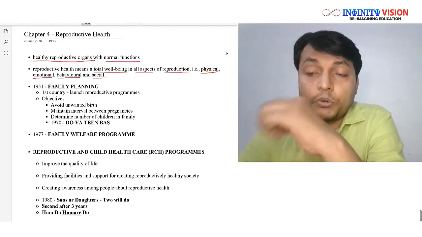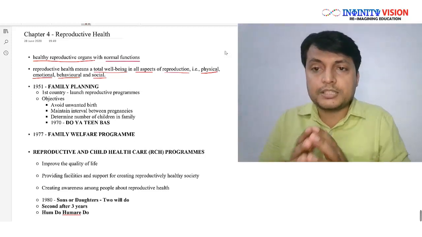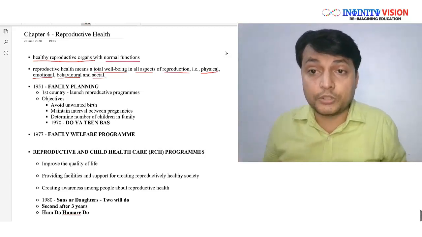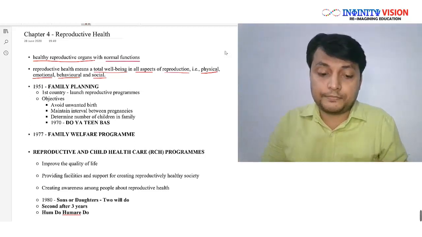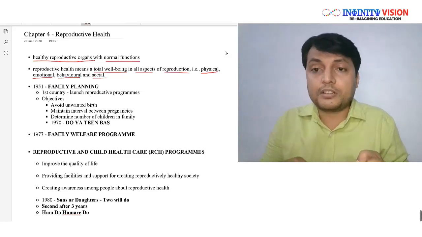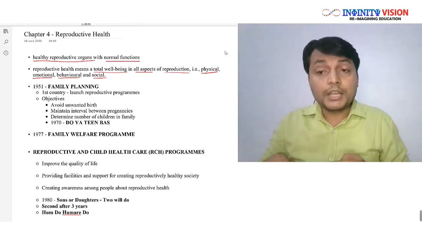Now, this definition is enormous. It is covering every aspect of reproduction, not only the physical but also the behavioral, social, and emotional parts.